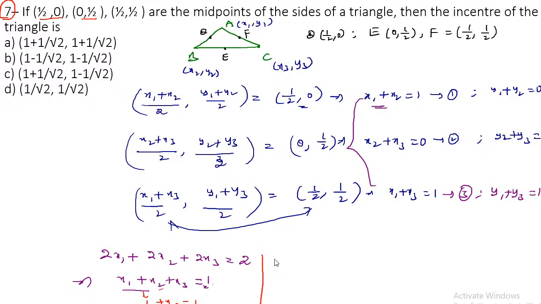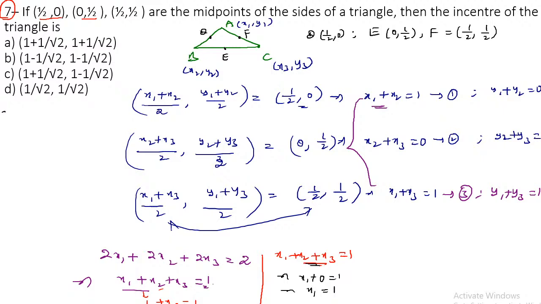Similarly, x1 plus x2 plus x3 is equal to 1, and we know x2 plus x3 is 0. So this implies x1 plus 0 is equal to 1, which implies x1 is equal to 1.